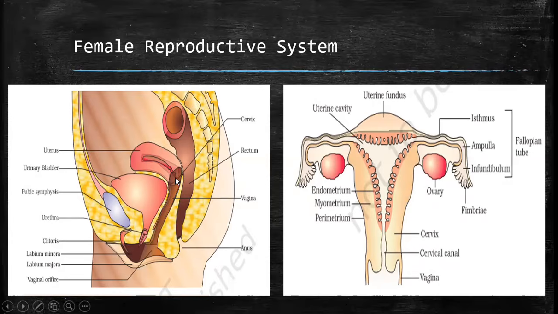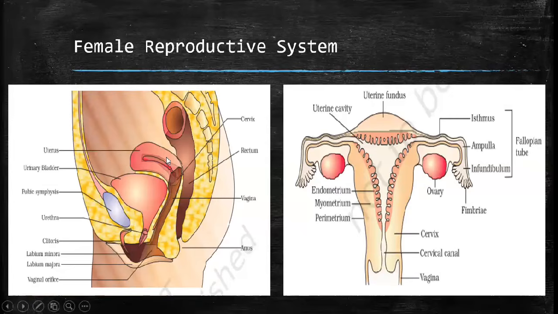I told you about the doorway into the uterus. This doorway into the uterus is what we call the cervix. And then this part here is the vulva. This vulva is the external genitalia of the female reproductive system.